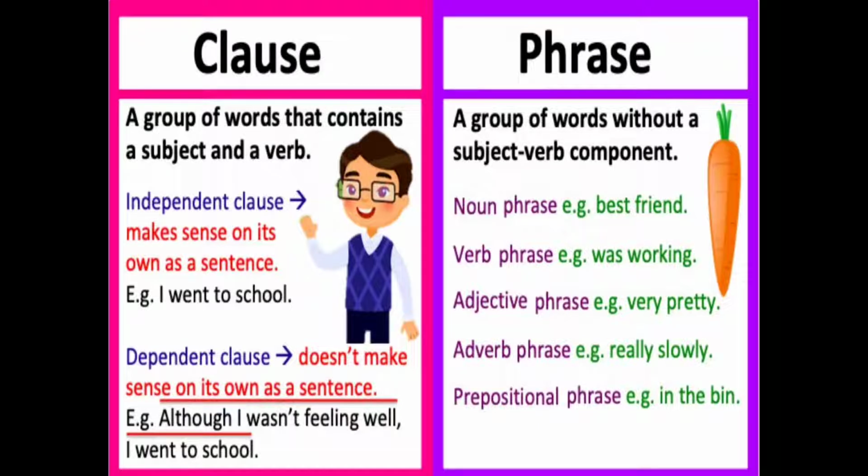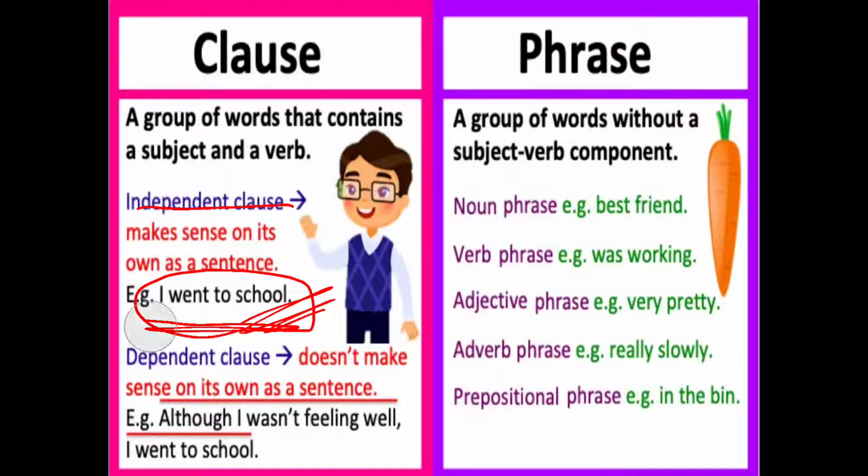For example, "I went to school." This gives a complete sentence, and this part of the sentence does not depend on another part to get its meaning. That's why it works as an independent clause, which is also known as the main clause or principal clause.